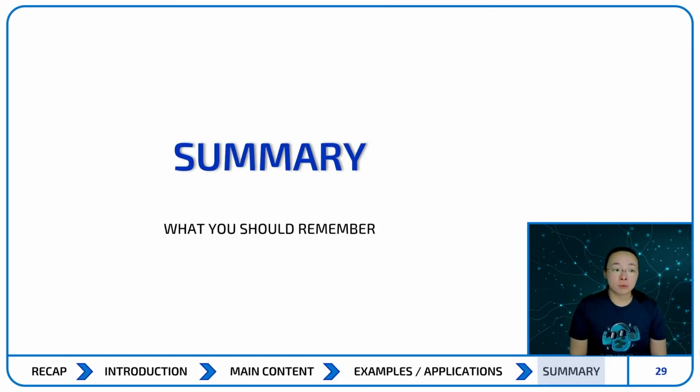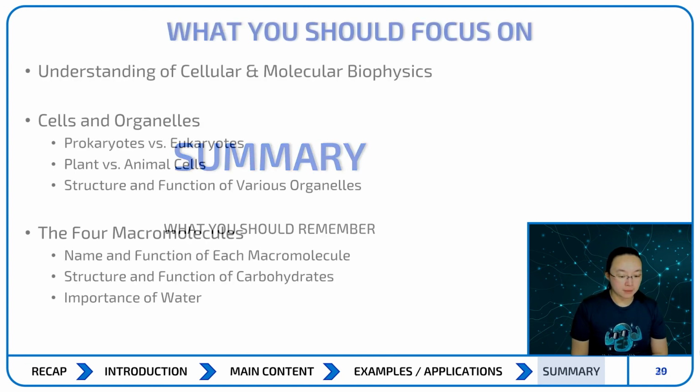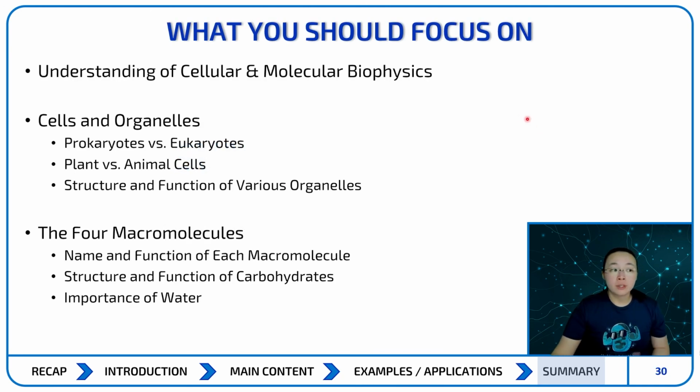Okay, so just as a summary, what should you remember? I want you to remember the difference between cellular and molecular biophysics and why it's important, where it falls on that scale of large to small. After that, just understand the different cell types, understand the difference between a prokaryote and a eukaryote, understand the difference between plants and animal cells, primarily the cell wall in plant cells.